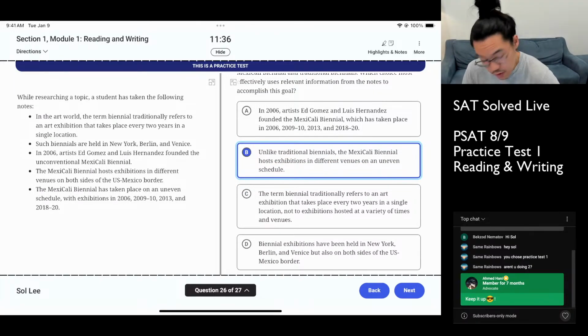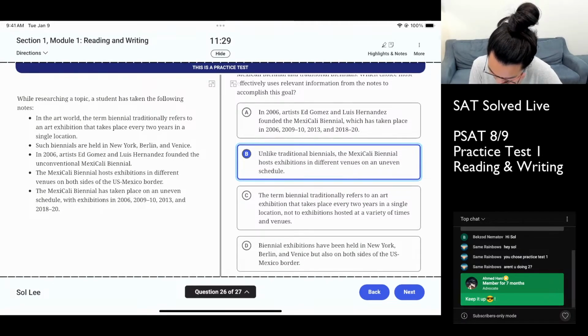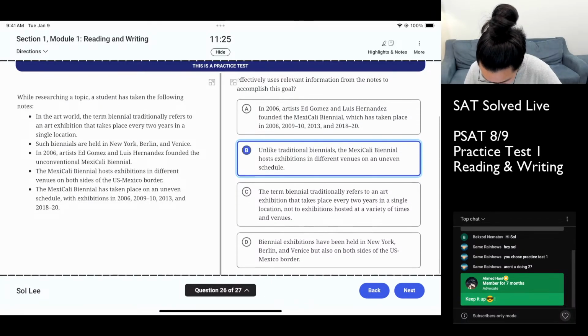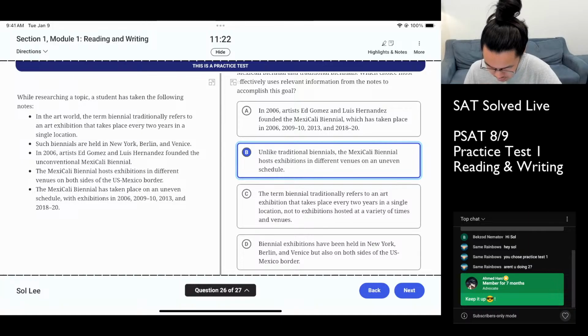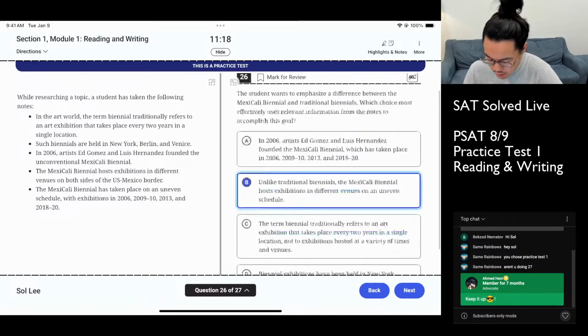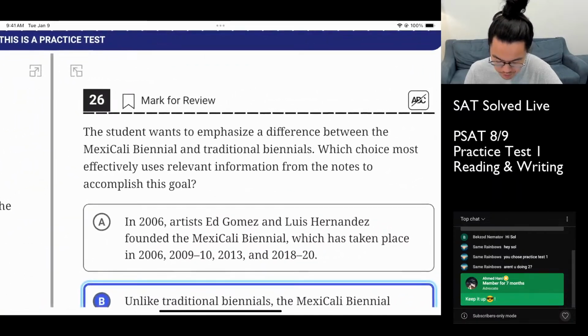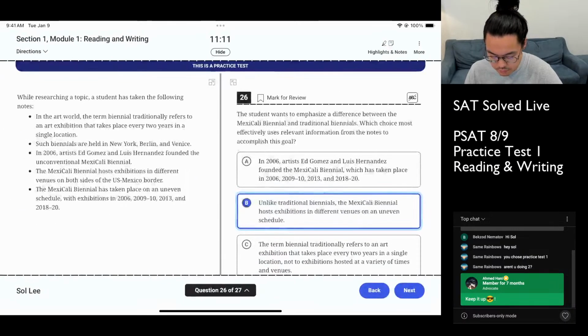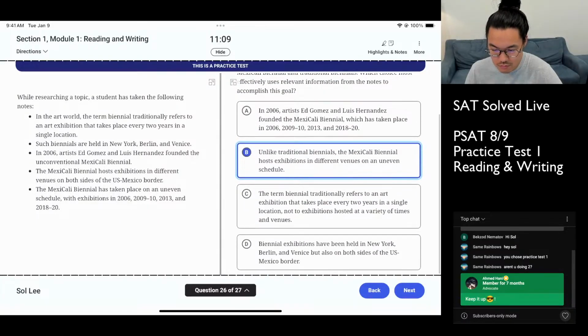So I'm just going to check A, C, and D, just because it's a little sloppily written. A is not right. C is not right. The focus is off. D is not right. Doesn't emphasize the difference. It should say the student wants to emphasize differences, or contrast or something. Man, that's kind of annoying. All right, whatever, it's fine.